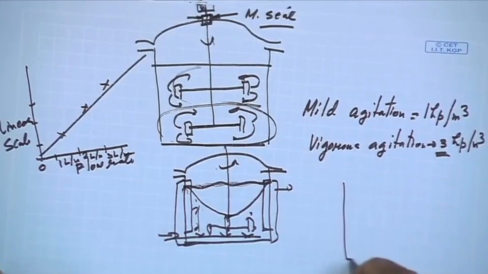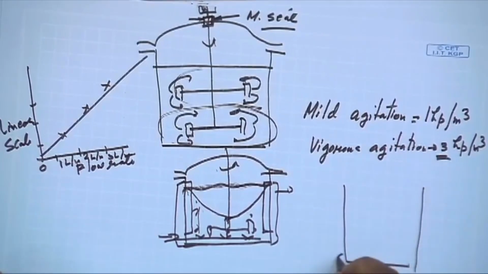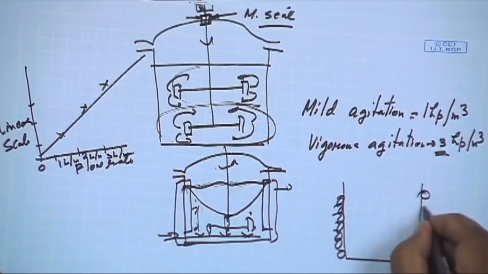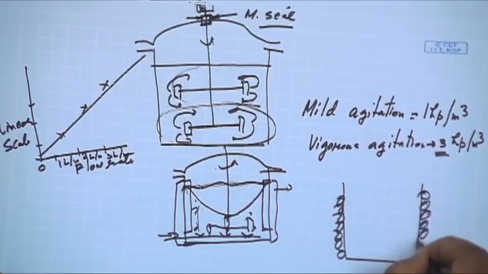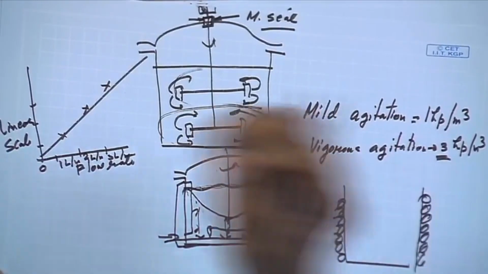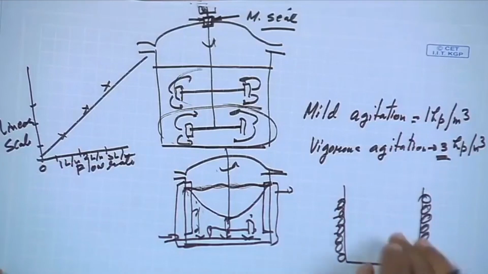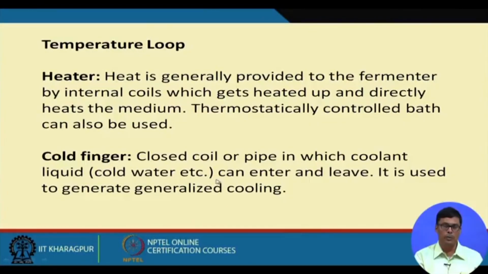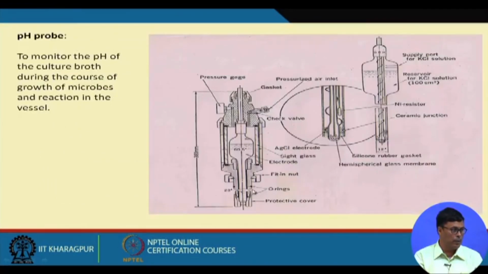So what we do in the fermenter is have a pipeline wrapped on the surface of the fermenter like this. We pass water through this pipeline across the fermenter so that it goes uniformly over the surface and has a cooling effect. Both cold water and hot water can be sent through this as per our requirement.